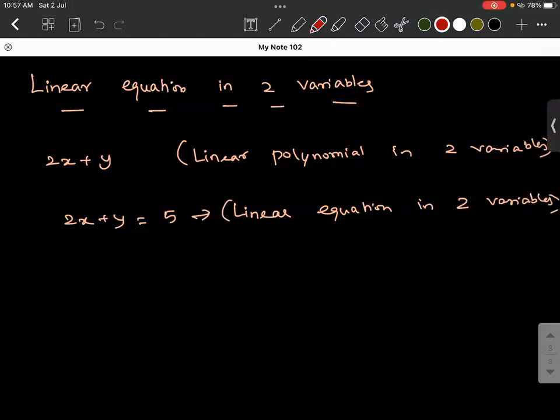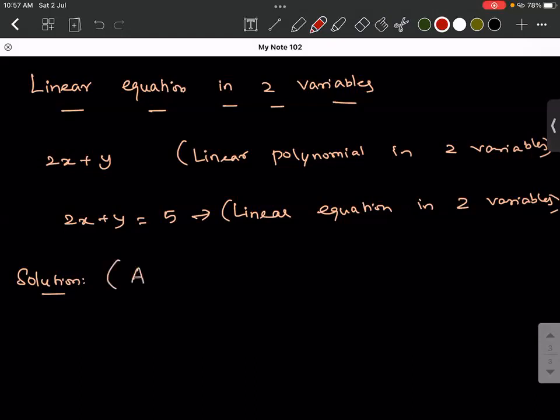Right. Now, what does a linear equation in two variables represent? It is a straight line. So if I say 2x plus y is equal to 5, and I ask you to find the solution, what is the meaning of solution?